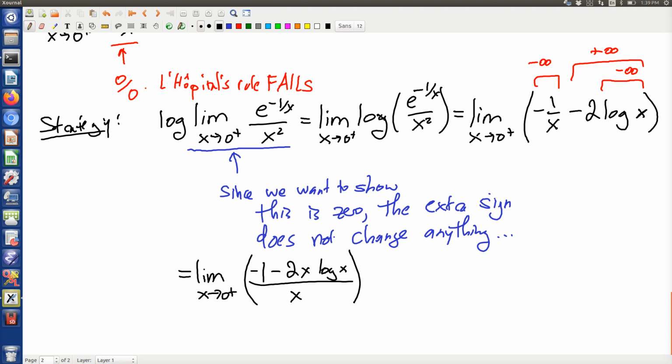All right, fair enough. It's easy enough to check what happens when x goes to 0. Well, that denominator goes to 0, of course. But what about the numerator? Well, we've got this x log x business going on there. What happens to x log x?